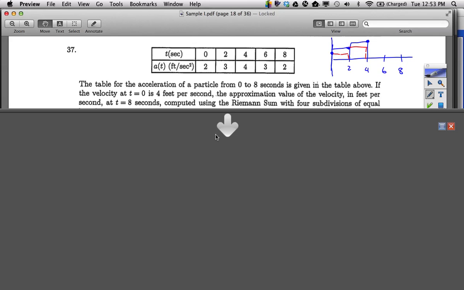Now, what's one thing that's a little odd on this one? Anything? They ask you to compute a Riemann sum. That easy? Somebody got an answer?